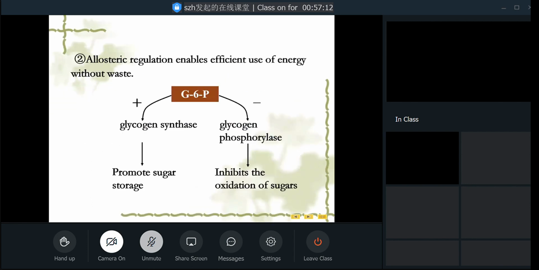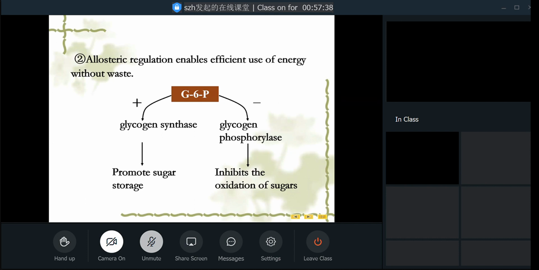Another one: allosteric regulation makes efficient use of energy without waste. Glucose 6-phosphate can promote storage: it increases the activity of glycogen synthase and promotes sugar storage.